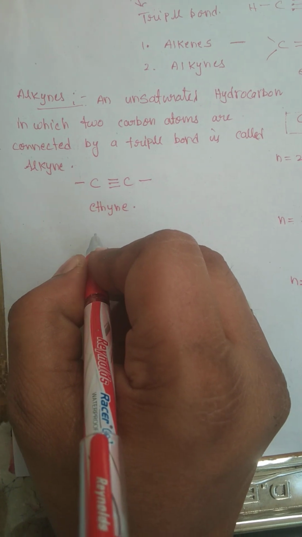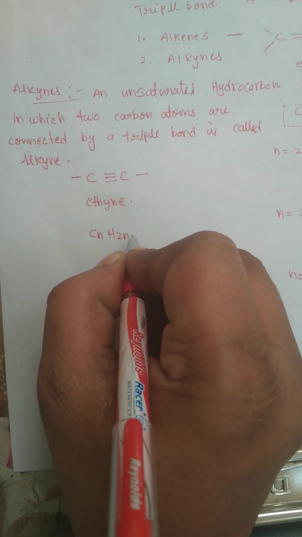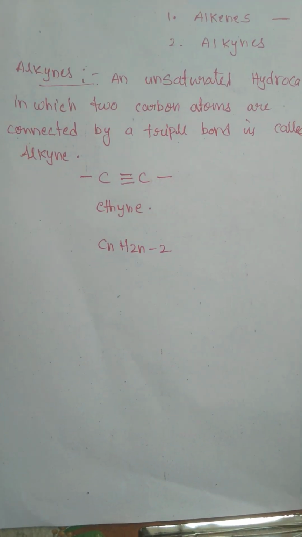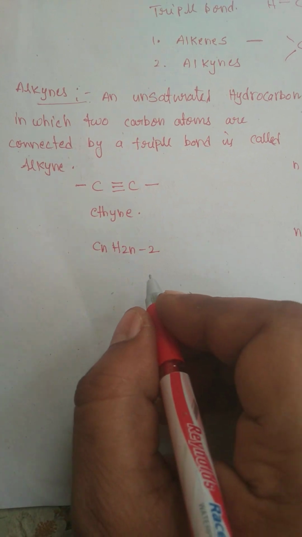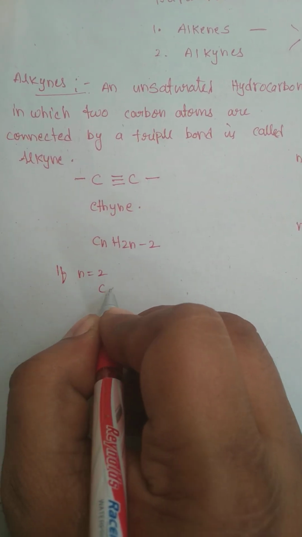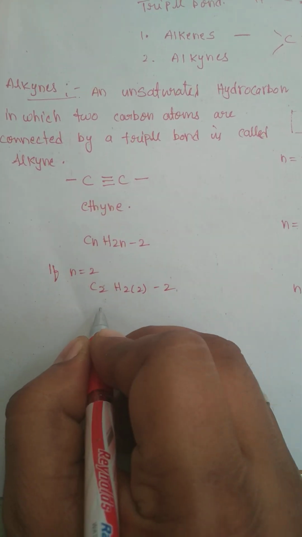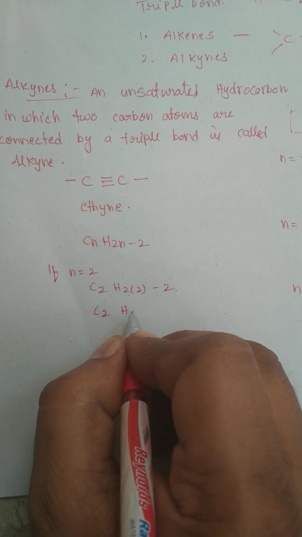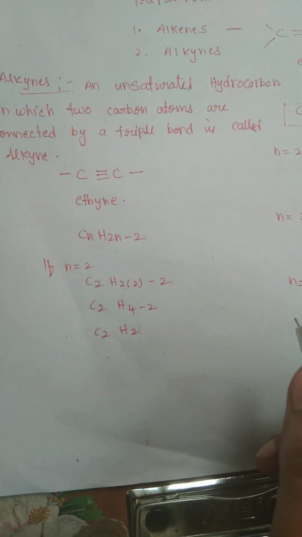What is the general formula of alkyne? The general formula of alkyne is CnH2n-2. Suppose n equals 2: C2H2 into 2 minus 2, C2H(4-2), C2H2.